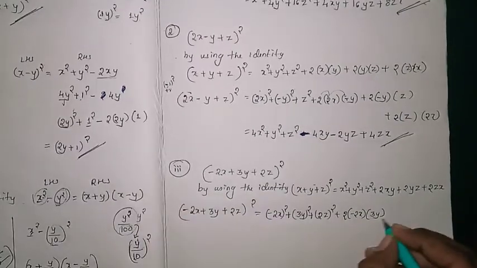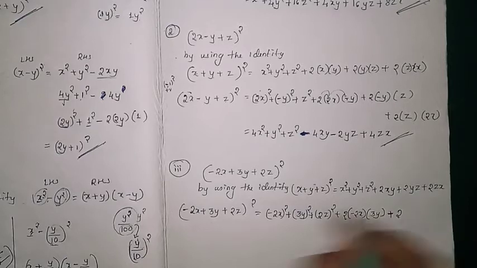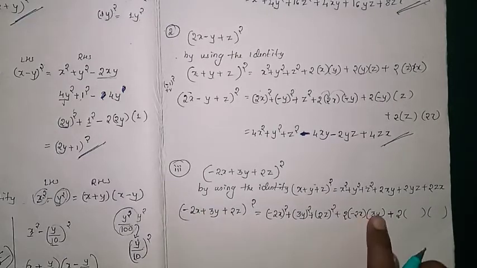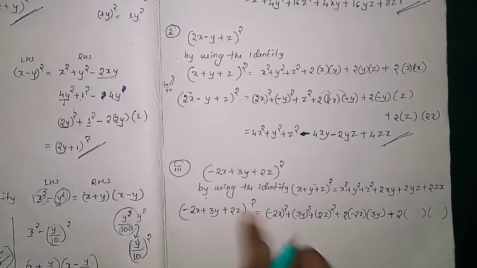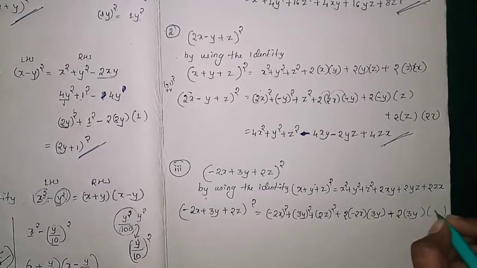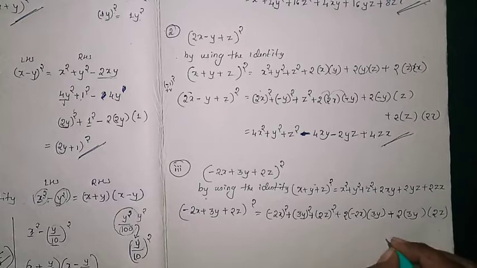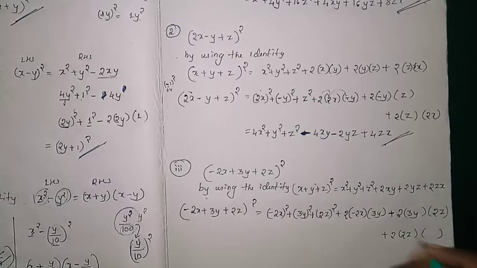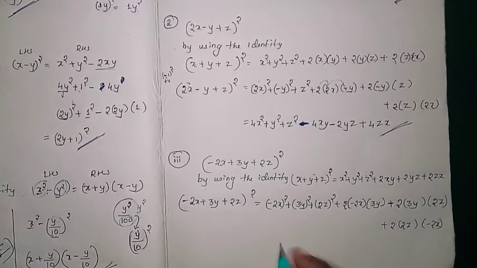Okay, and second one 2 into 2 brackets we are using, second term and third term, now 3y and 2z. Okay, now another one remains, 2 into the 2 brackets, so that is last term and first term, 2z plus of minus 2x.